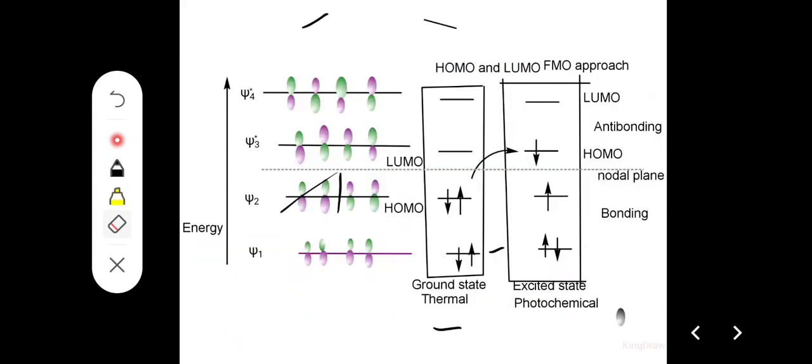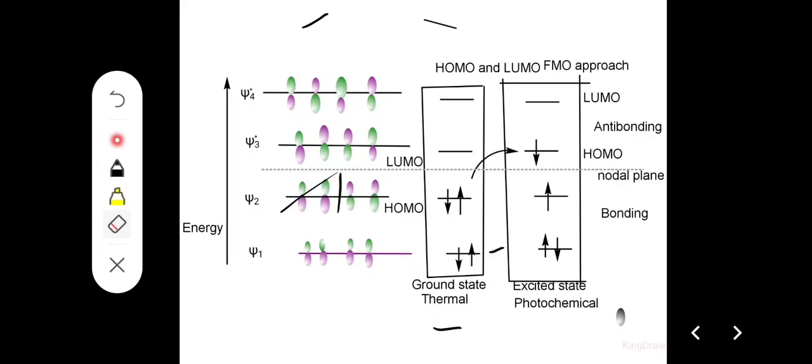And last one, the thermal case. This is the normal case: psi 2 is the HOMO and psi 3 star is the LUMO. But when a photochemical reaction occurs, photoexcitation can happen. In that case, one electron from psi 2 goes to psi 3 star.